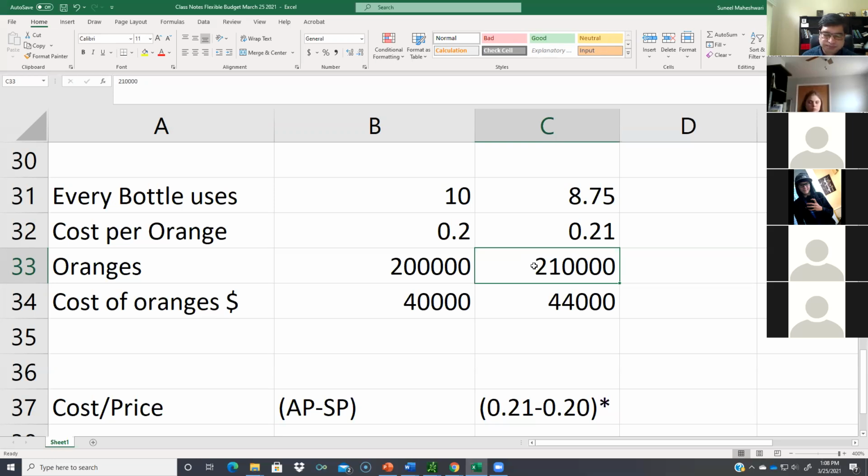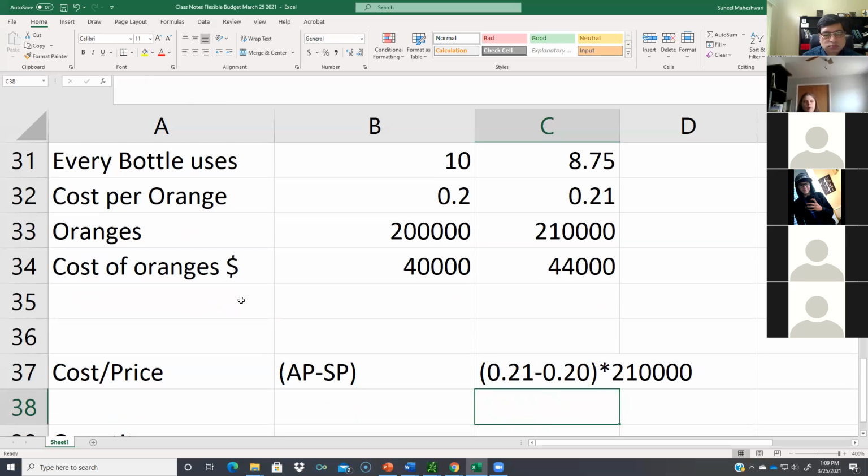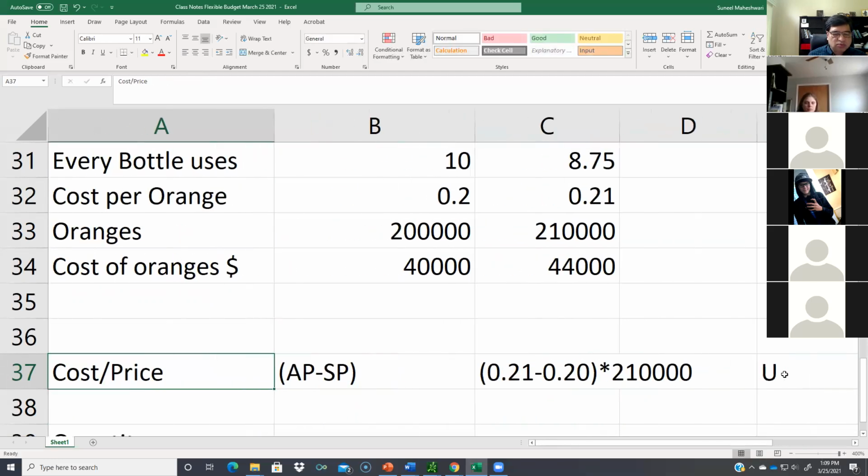So this price of 1 cent for 210,000 oranges is basically unfavorable. So price is more than we budgeted for.